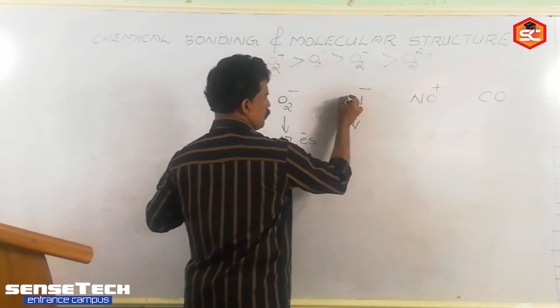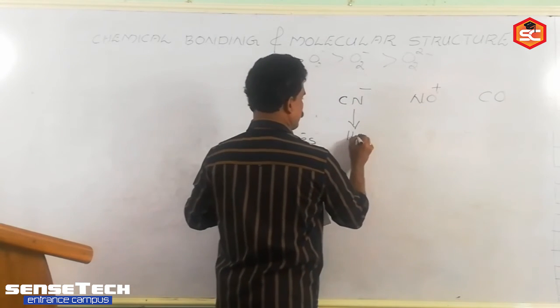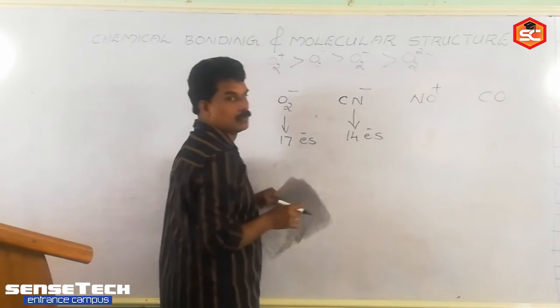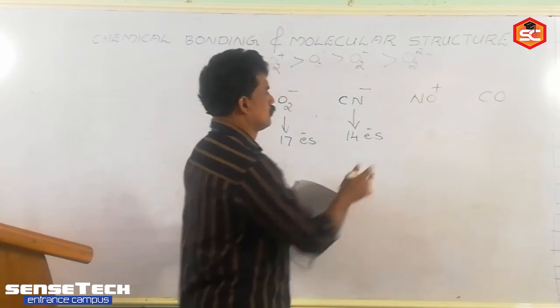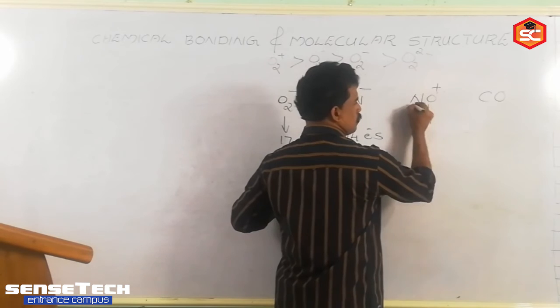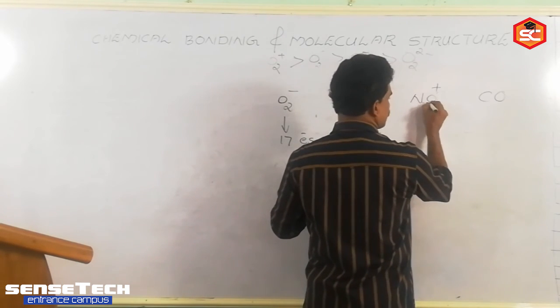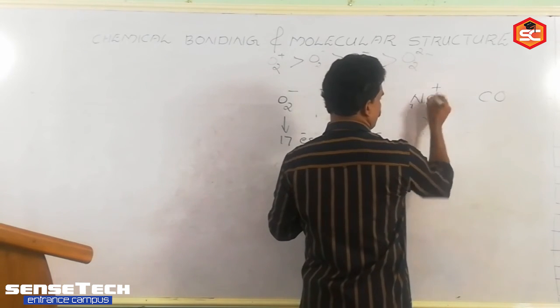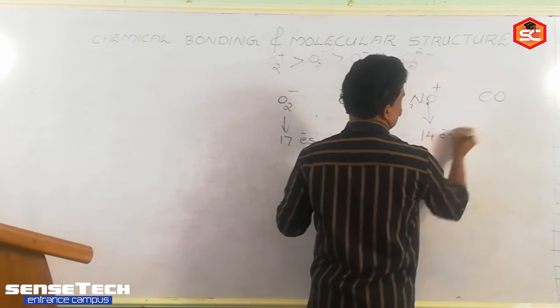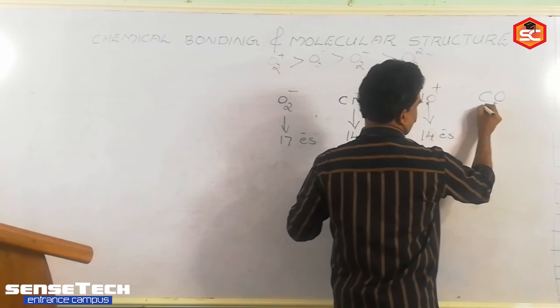Here 14 electrons. Oxygen 8, nitrogen 7, again 14 electrons. Carbon monoxide.